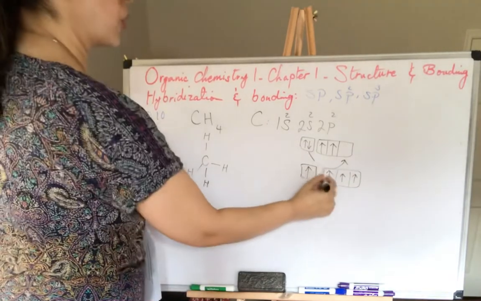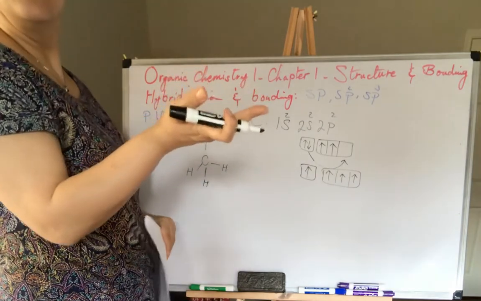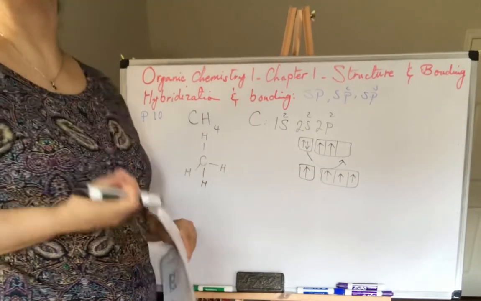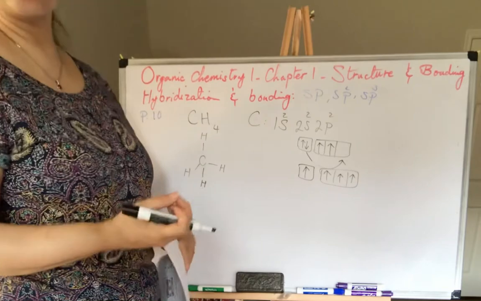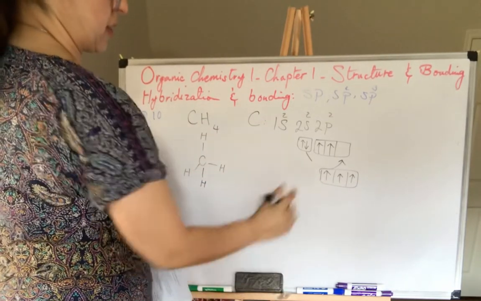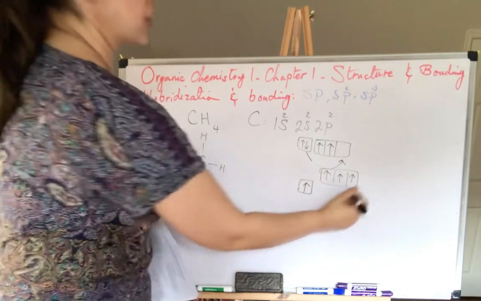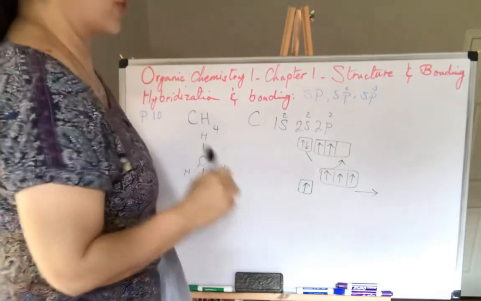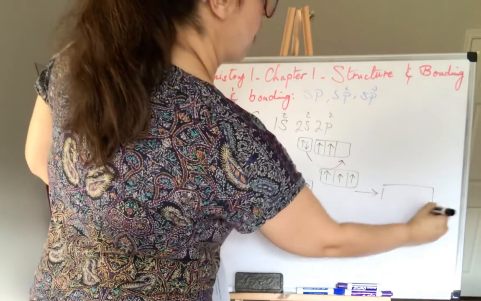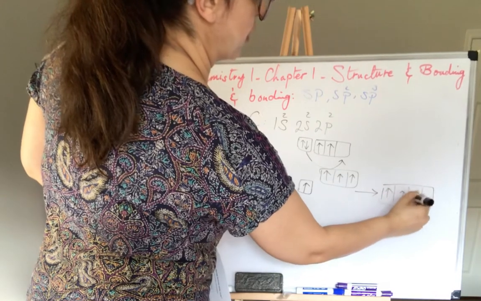Then these s orbitals are here, and p orbitals are higher. In order to form exact same orbitals, hybrid orbitals, let me draw it. The energy level should be the same, so we call it degeneration. The degeneration happens and 4 exact same hybrid orbitals are going to form.